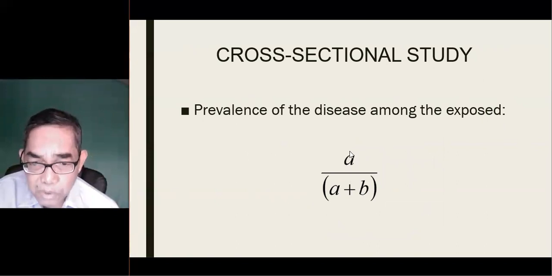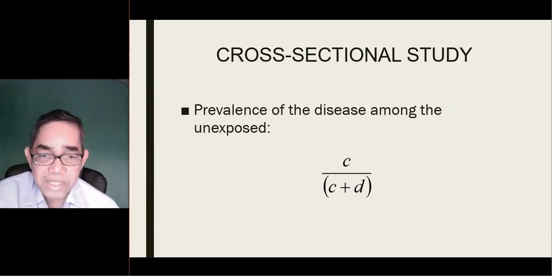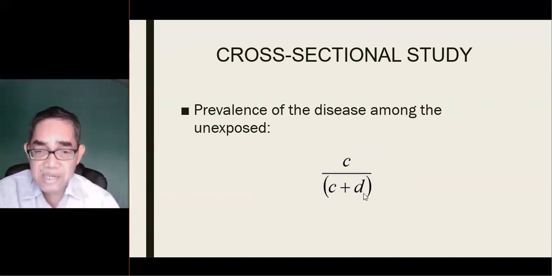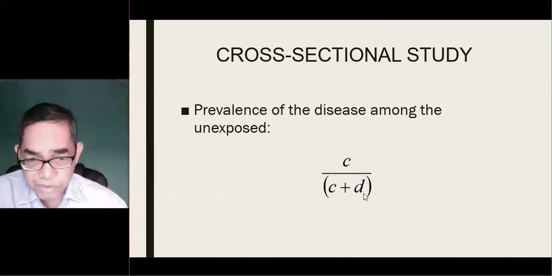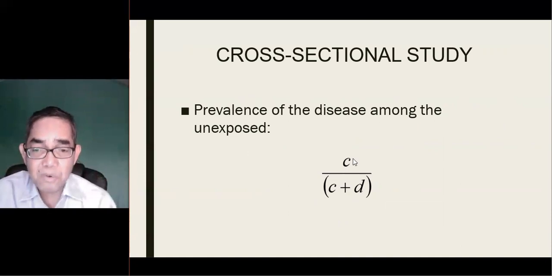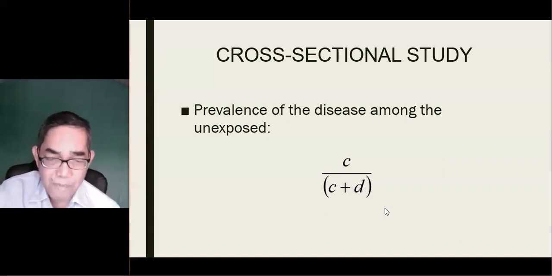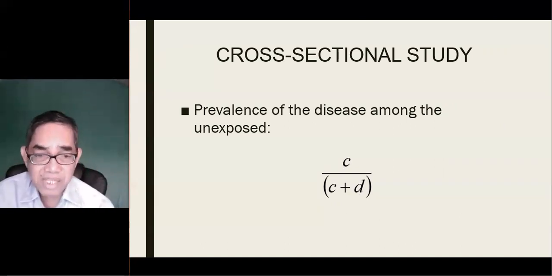Among the exposed, A are people who have the disease. And this one is the prevalence of the disease among the unexposed. The C and the D are people who are unexposed, and C are the ones among them who have the disease.